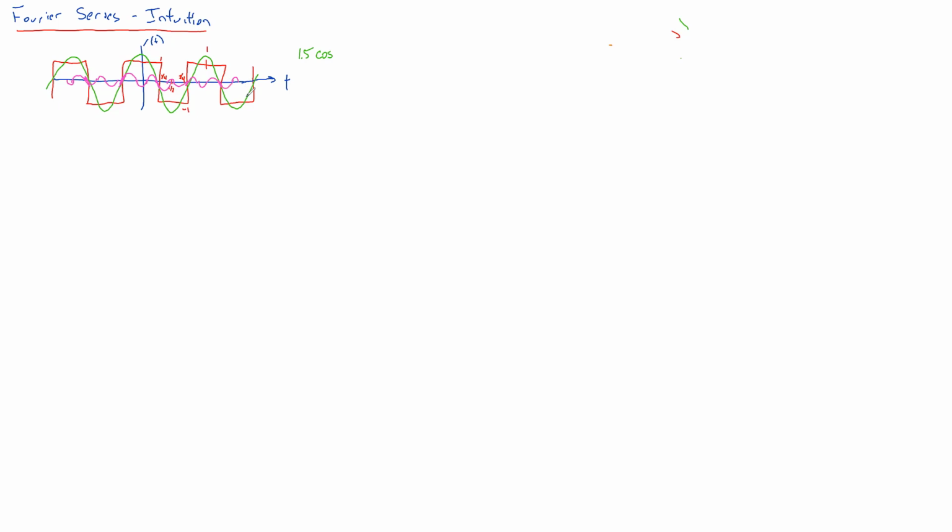Okay. And there's something interesting to notice here: if this frequency of our first one is 1, it's the same frequency as our underlying red waveform that we're trying to duplicate. Our first guess of our cosine wave has the same frequency as the periodic waveform.